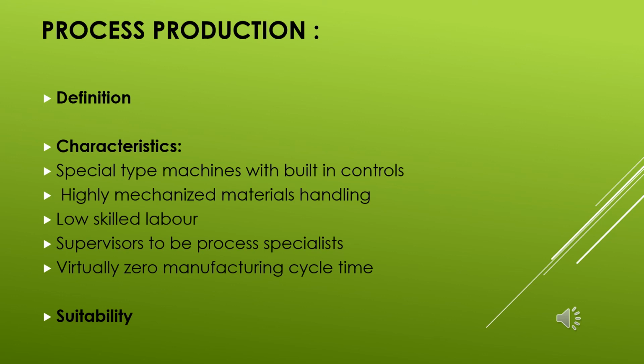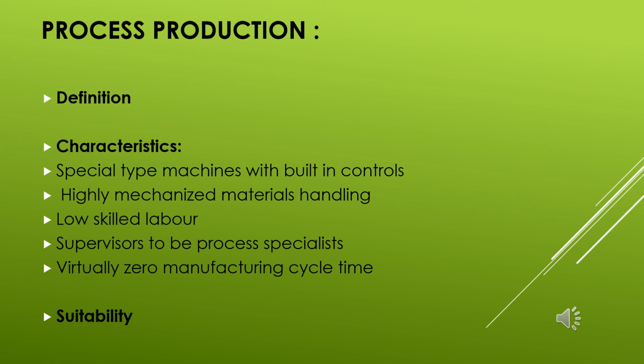The major characteristics of process production are that special machines with built-in controls are absolutely the need of the hour. Highly mechanized materials handling should be there to move materials from one stage to another.